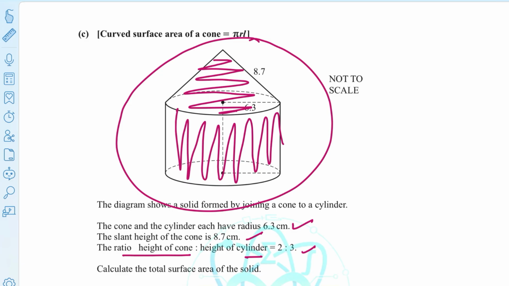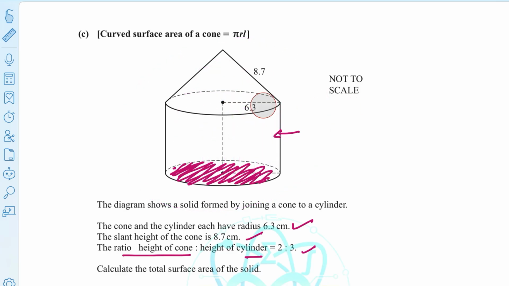And we have to find out the bottom surface area of this one. Means three surface areas. The curved surface area of a cone, the curved surface area of a cylinder, and the base on which it stands. That is the three surface areas. Then that will be the answer for my question.